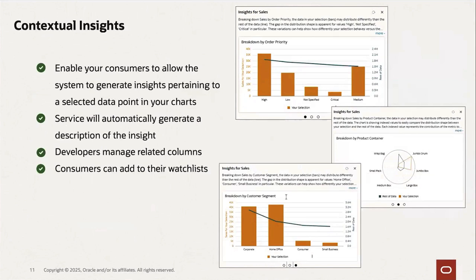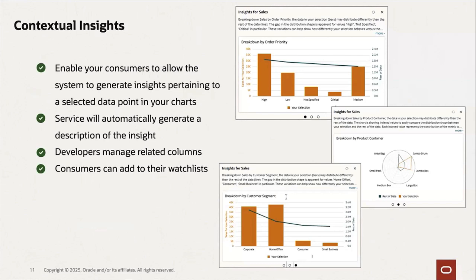Next, we have contextual insights. Contextual insights compare selected data in a visualization with the rest of the visualization's data to help identify attributes in your data set that will show the most important contrast between two groups of data or columns of data. They expose the dimensional breakdowns, trending charts, and other visualizations.